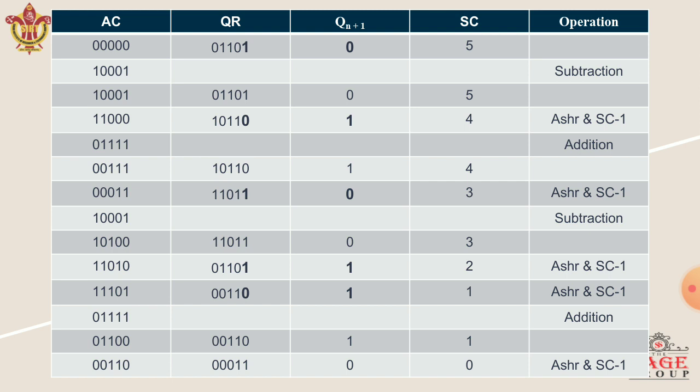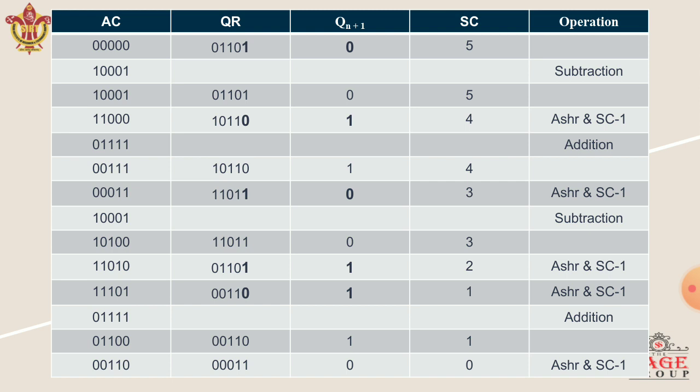After that, follow the flow chart, perform the arithmetic shift right operation on the data and decrement the value of SC by 1. So after shifting, we got new values of AC, QR and Qn plus 1: Qn plus 1 equal to 0, QR equal to 00011 and AC equal to 00110, and the value of SC goes to 0.